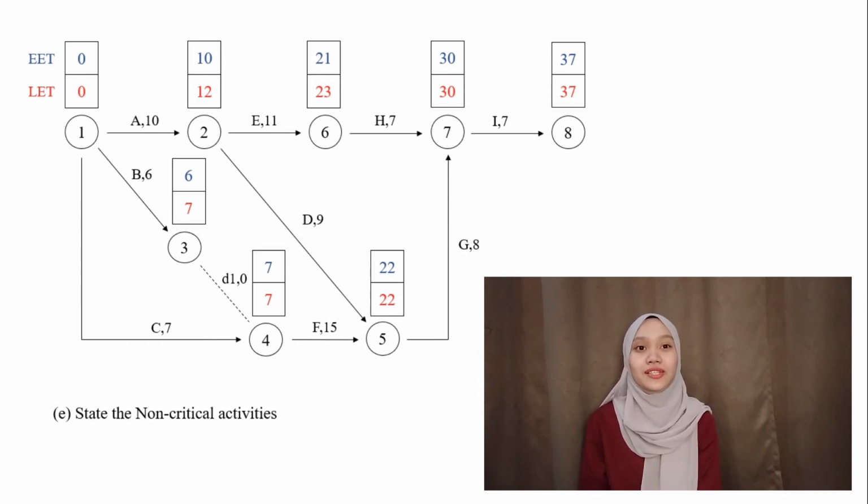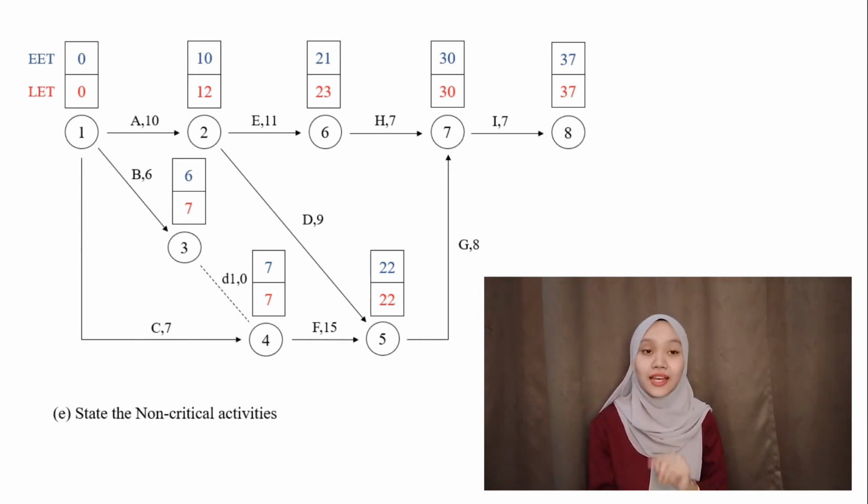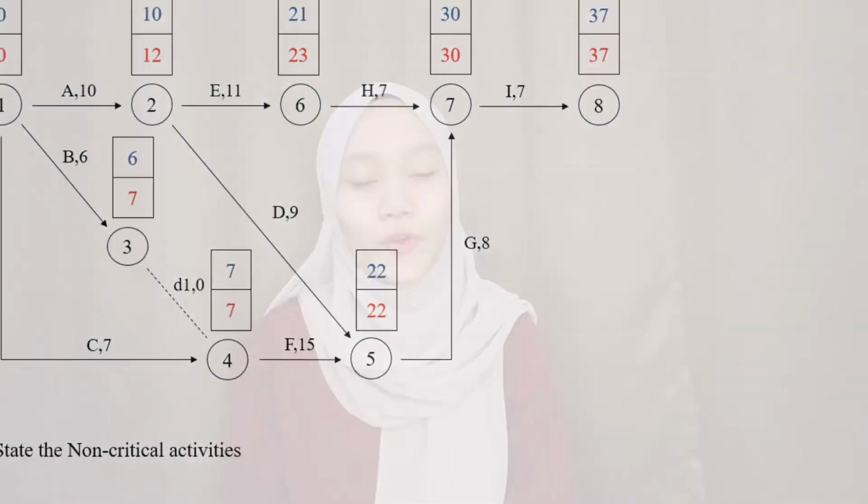So the answer is the activities other than those from D, which are A, B, dummy, D, E, and H. If you want to confirm whether the answer is true or not, you can look at the EET and LET and check whether the numbers are the same or not. If not the same, then this is a non-critical activity.